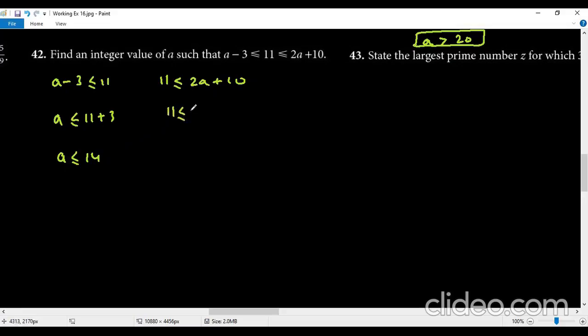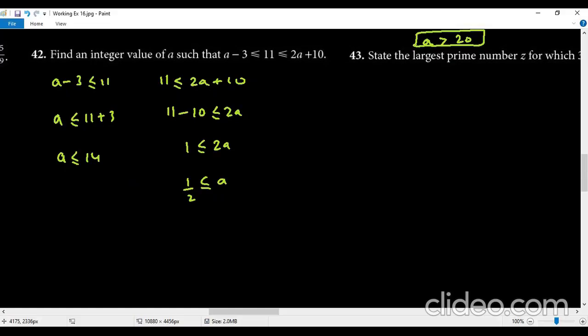And for the next one, it says 11 is less than or equal to 2a plus 10. I am going to bring this 10 to the other side, making it minus 10. That means 11 minus 10 is 1, less than or equal to 2a. So that means a is greater than or equal to 1 over 2.